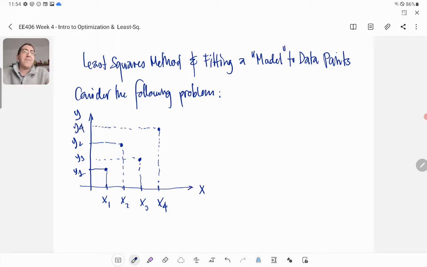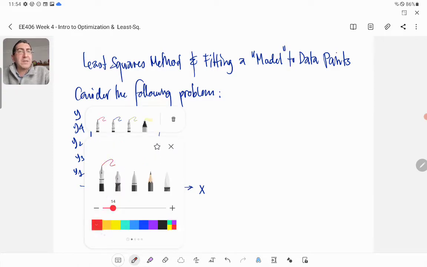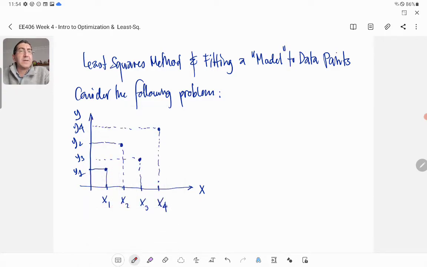Okay, so I have a number of points, and my problem is to find the best fitting, let's say, line. We don't know how that line goes, but we can feel like it's somewhat going like this.